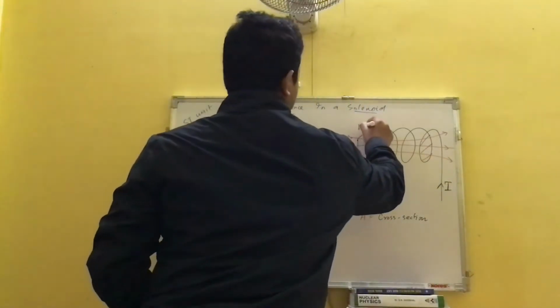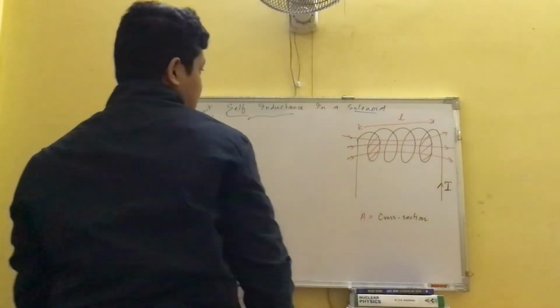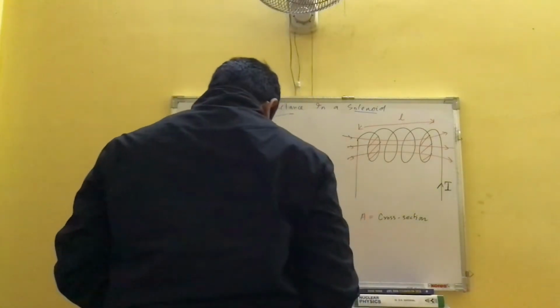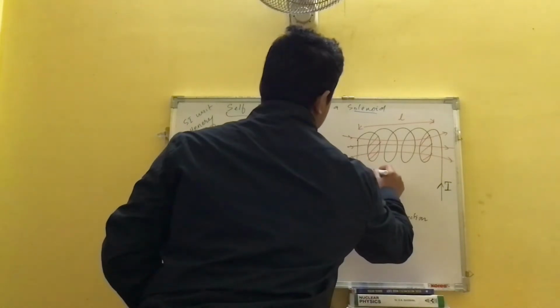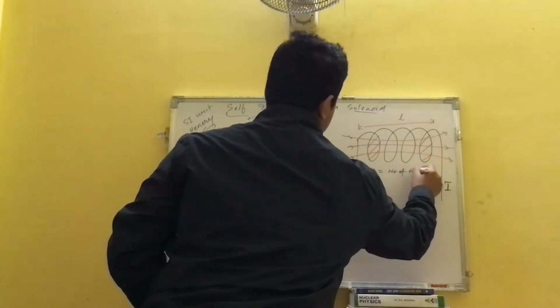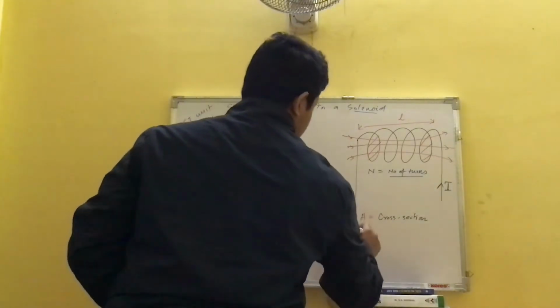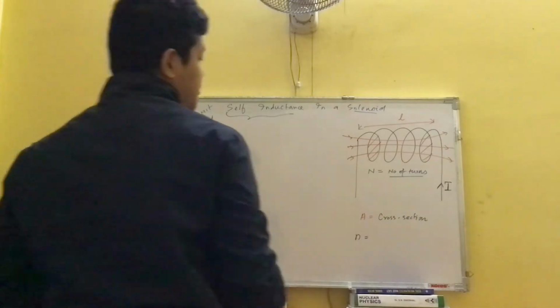This length is L, the total length, and let us consider it has N number of turns. Total number of turns is N. Let us consider that small n is the number of turns per unit length.